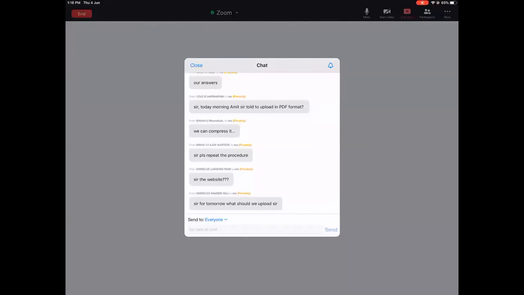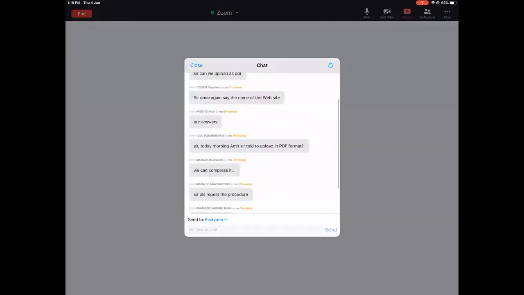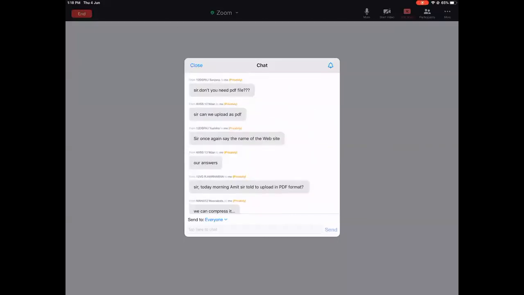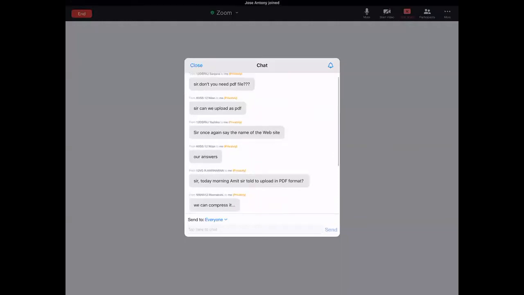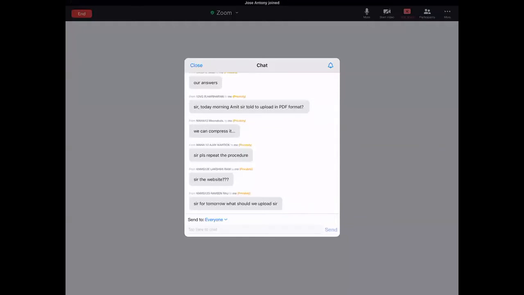No problem. PDF format is very good. Yes, you upload the way Amit sir told you. PDF alone is not required. PDF means it is easy. PDF means it will get compressed automatically. Very good. So you guys are too smart. I am confident you will be able to do it.